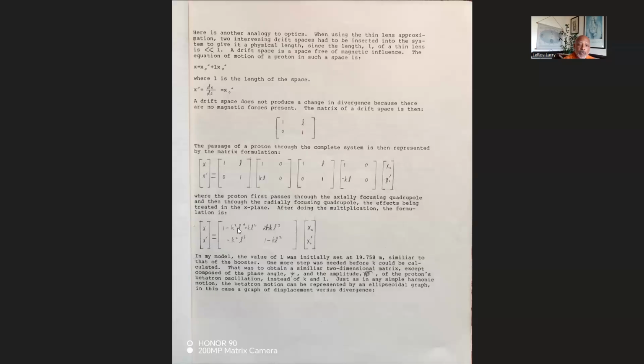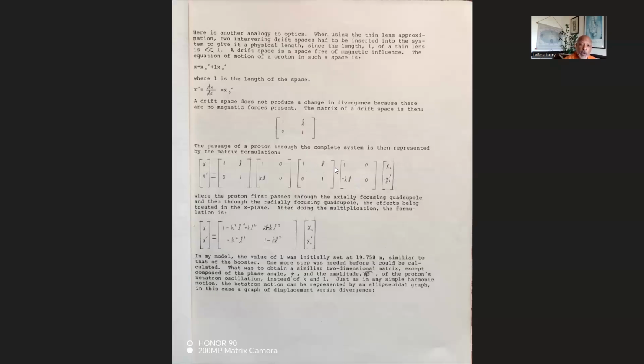And as that proton goes through the quadrupole magnet, which is here represented by a 2x2 matrix that involves the multiplication of 4 matrices, one being the thin lens approximation 2x2 matrix of the radial or horizontally focusing element of the quadrupole magnet with a drift space, and then with the vertically or axially focusing element of the quadrupole magnet and another drift space.